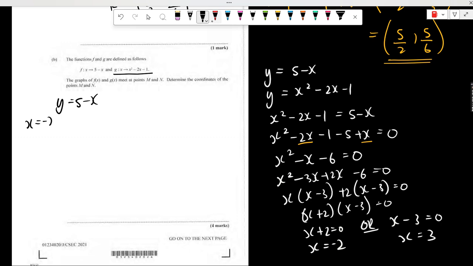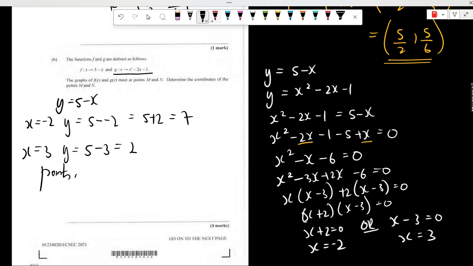So when x is equal to negative 2, y is equal to 5 plus 2, which is 7. And when x is equal to 3, y is equal to 5 minus 3, which is 2. So therefore, the points of intersection are minus 2, 7 and 3, 2, right?